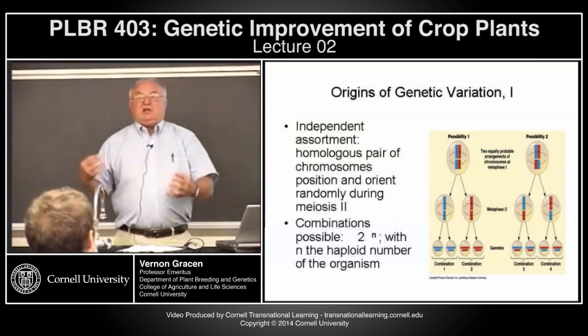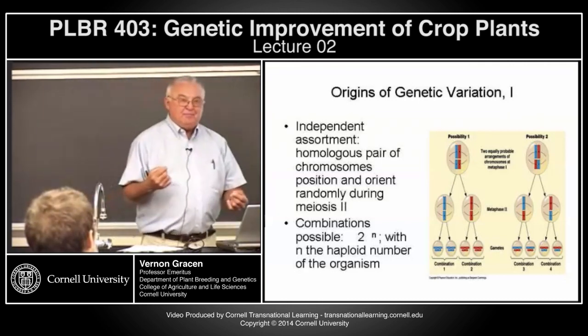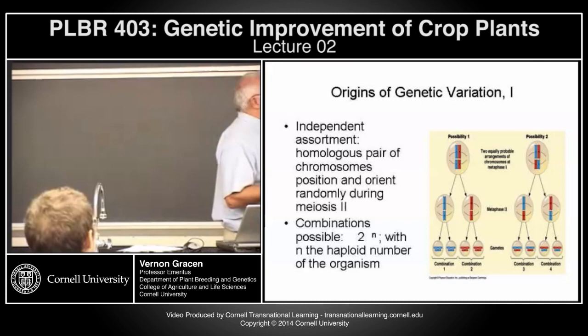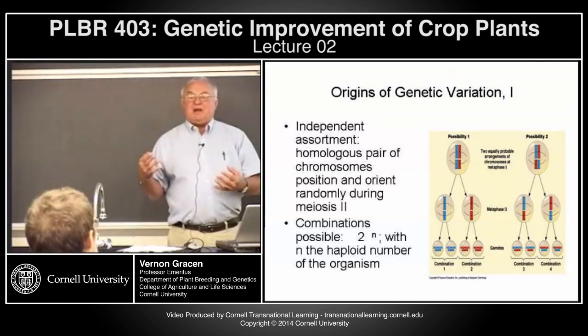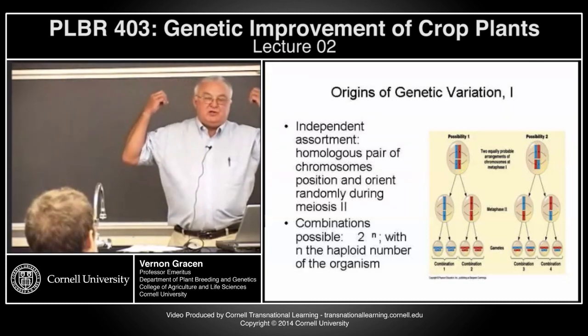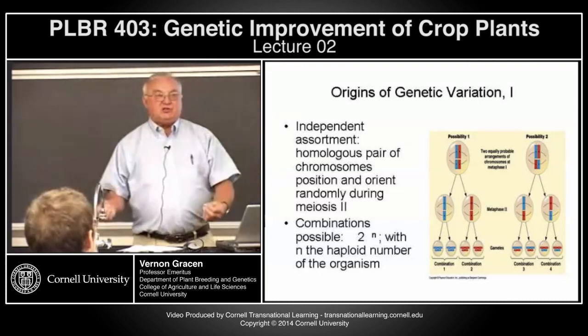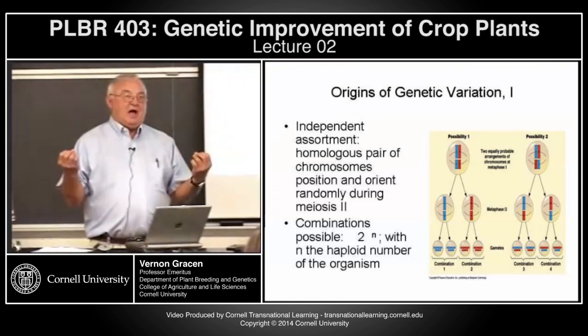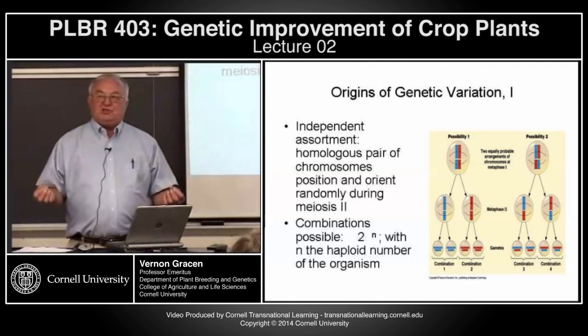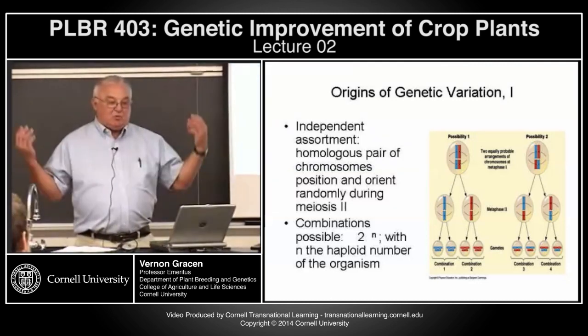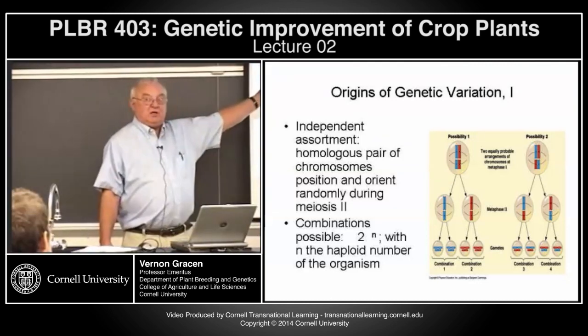So basically, the reason why all of this genetics is of interest to me in plant breeding is that plant breeders are looking for genetic variation. So what are some of the ways that genetic variation can originate? Well, number one, independent assortment.